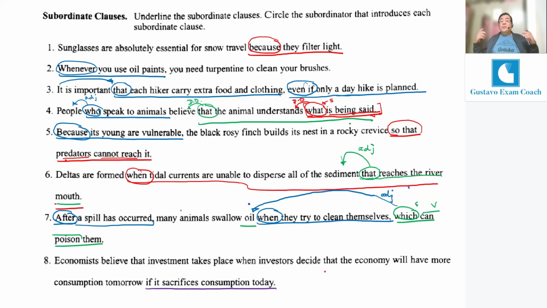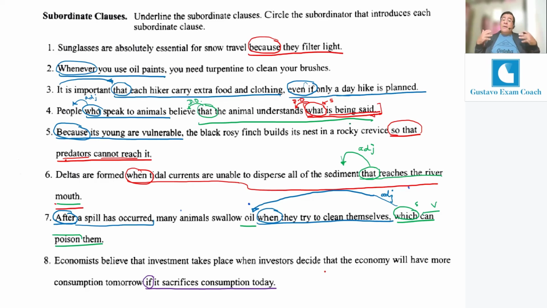Is this a subordinate clause? Yes, it is, because it has a subject, it, the conjugated verb sacrifices, and then we have if before it. This is a subordinator. So this is being kind of a condition for another action mentioned earlier. And what is that? That action is that the economy will have more consumption tomorrow.